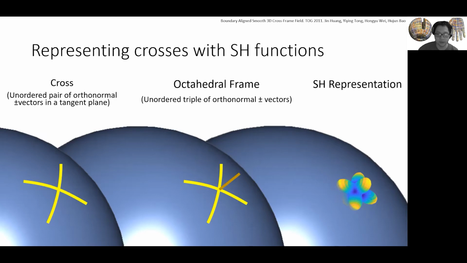So this encodes the octahedral frame, which encodes the cross, and so we have a spherical harmonic representation of a cross. I should mention that the spherical harmonic representation of an octahedral frame was first used by Zhang et al. in 2011, but this is the first method to use it for computing cross-fields.